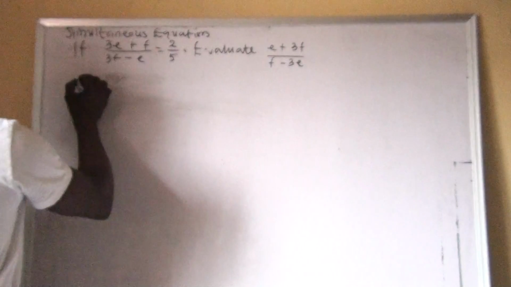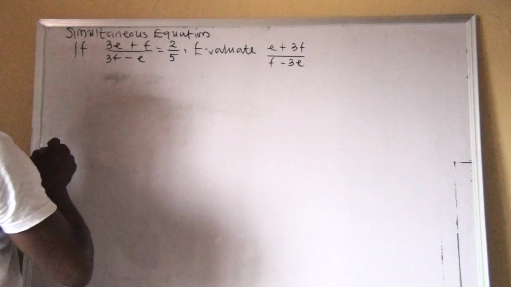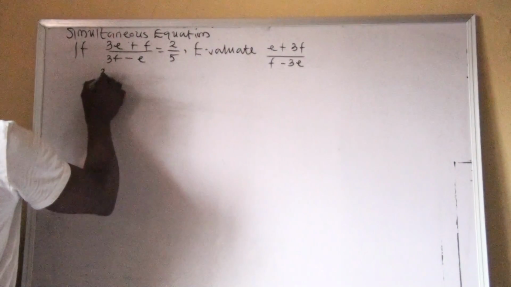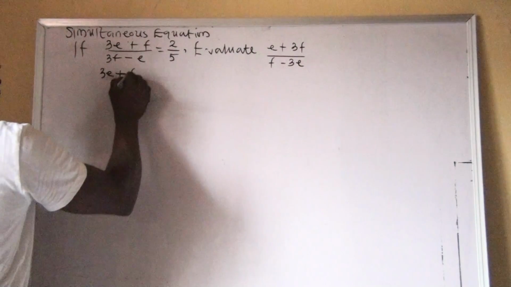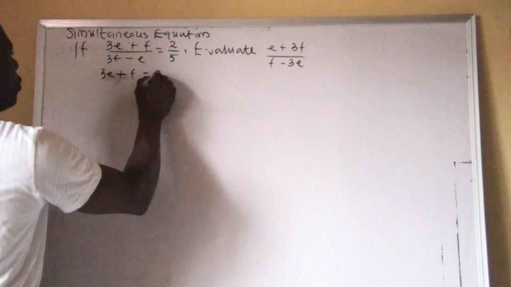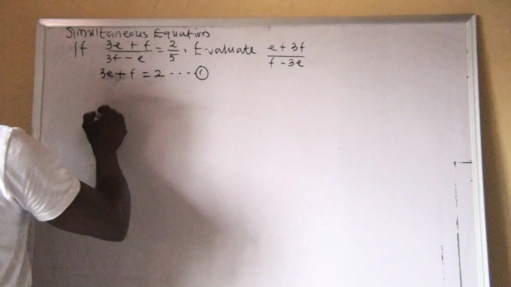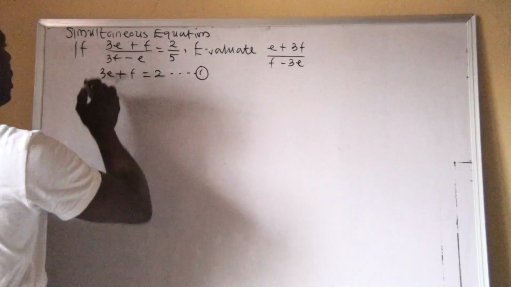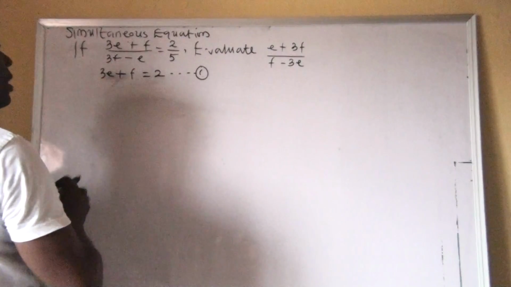So here we obtain equations 1 and 2 from this particular equation. This will become 3e + f = 2. This will form our equation 1. The numerator of the left hand side must be equal to the numerator of the right hand side.